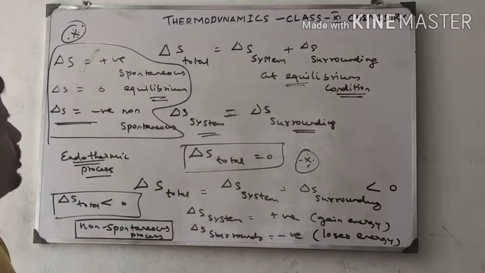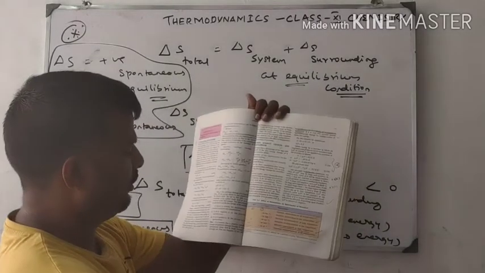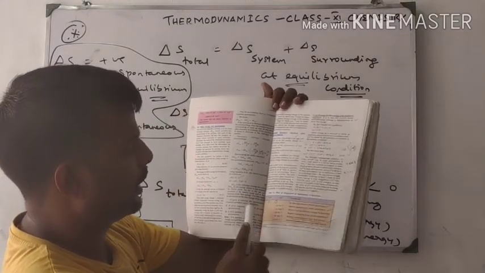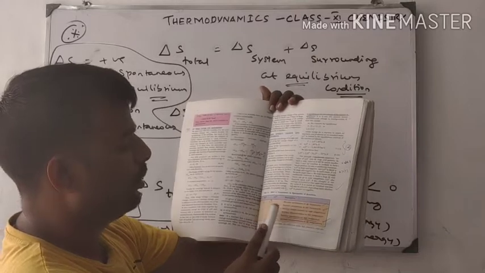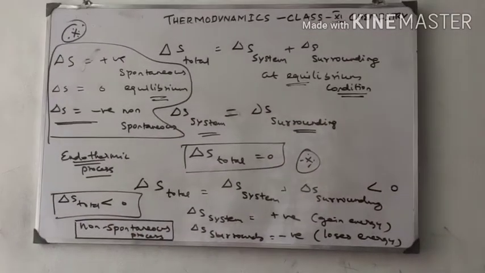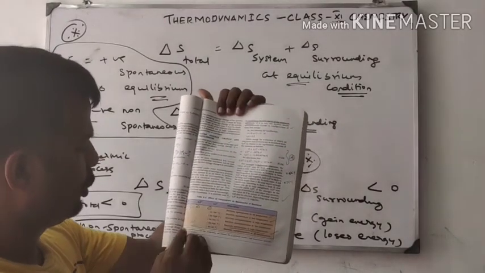Okay. I will start. So it is in the textbook, page number 179. Delta S is positive, reaction spontaneous. Delta S is negative, reaction is spontaneous at low temperature. And at equilibrium delta S is equal to 0.